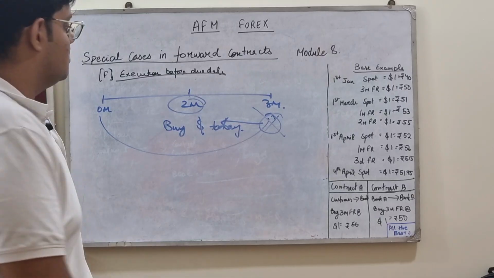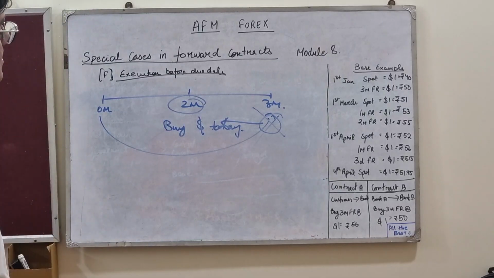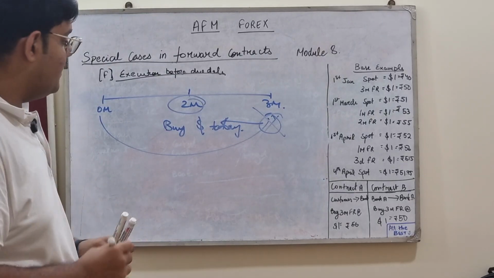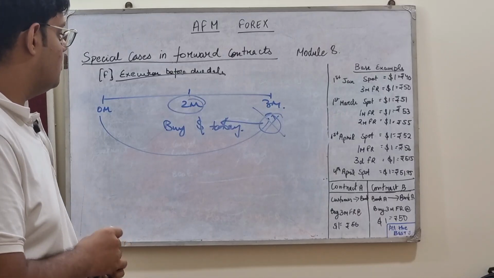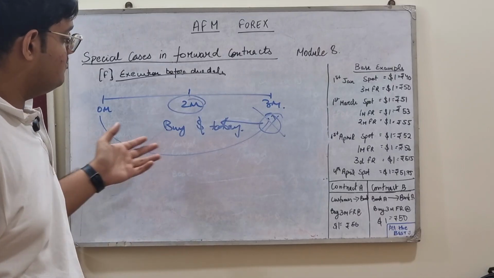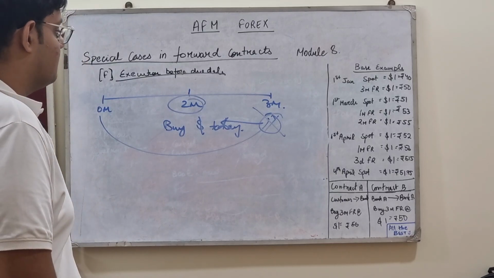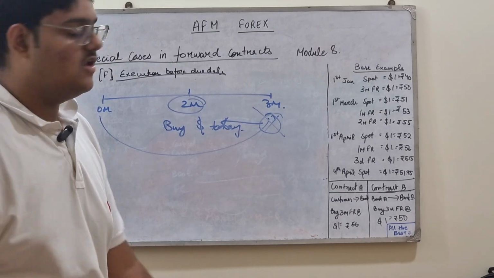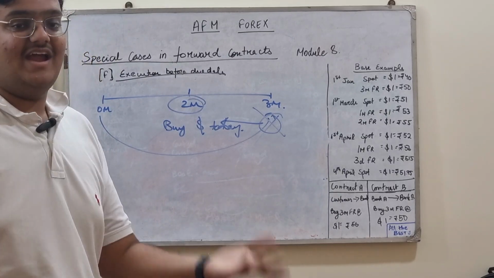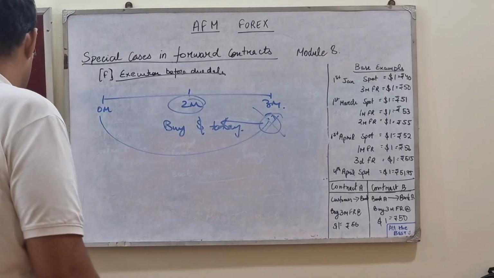That's the entire issue here. Now where does it get complicated? It gets complicated because we can't just cancel the contract and buy at spot because I don't know. Well, technically we can do that. I just don't know why we don't do that.